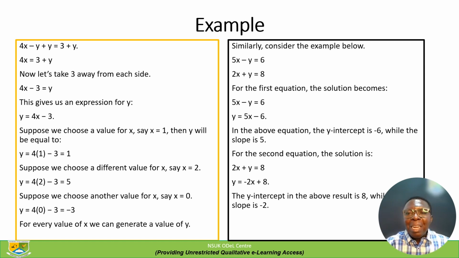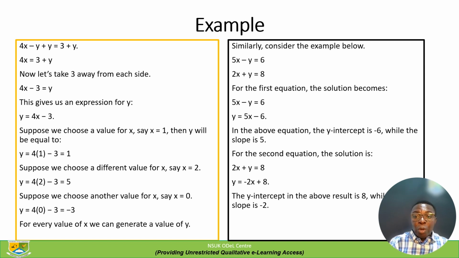Similarly, consider the example below, where we have 5x minus y is equal to 6 and 2x plus y is equal to 8. For the first equation, the solution becomes 5x minus y is equal to 6, and y will now be equal to 5x minus 6. In the above equation, the y-intercept is minus 6 while the slope is 5.